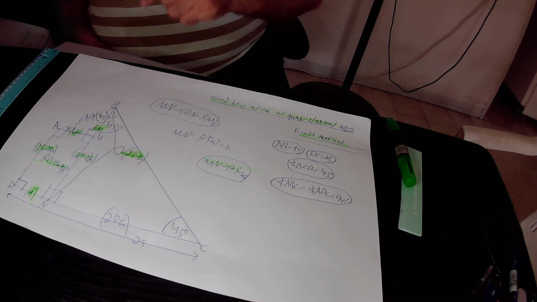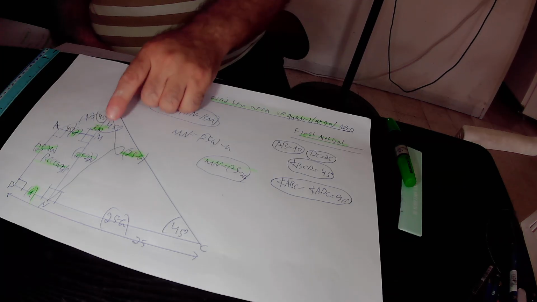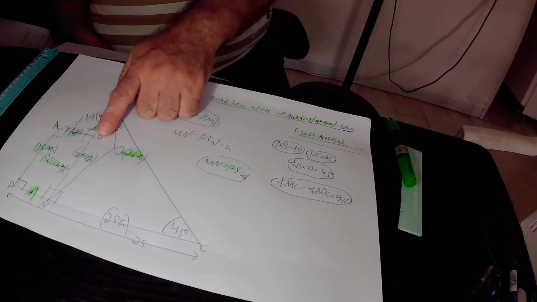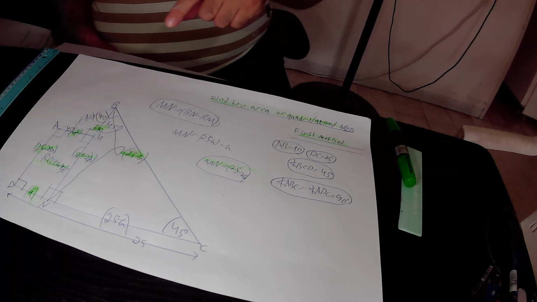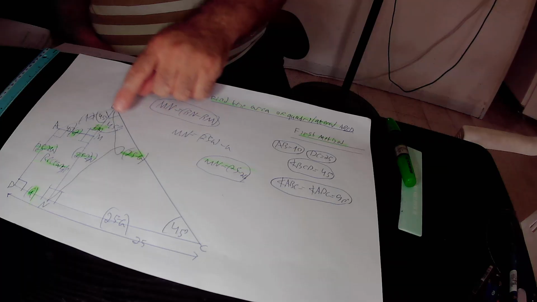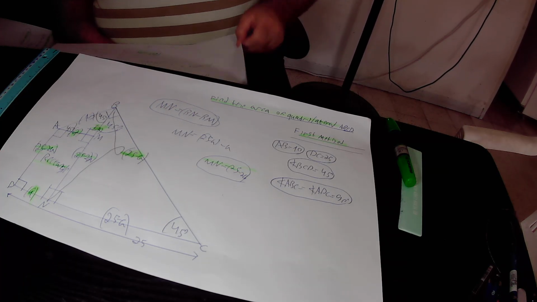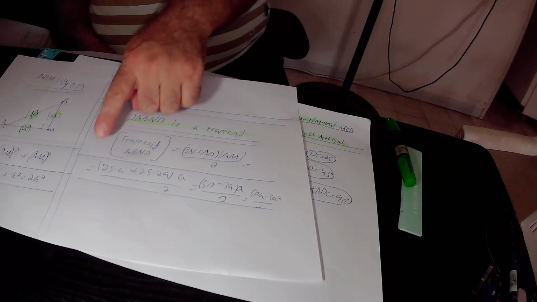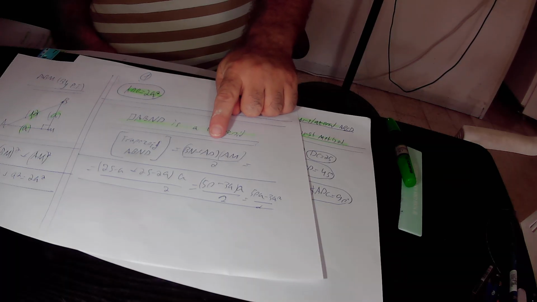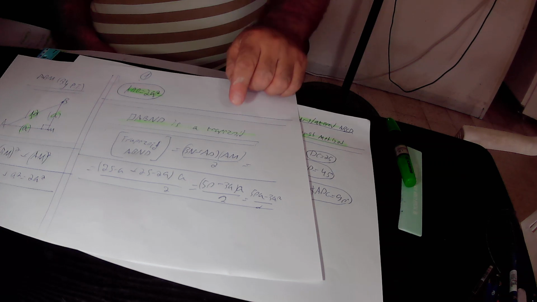BN is 25 minus A, AD is 25 minus 2A, AM is A, divided by 2. Again, BN is 25 minus A, plus AD is 25 minus 2A, times AM is A over 2.